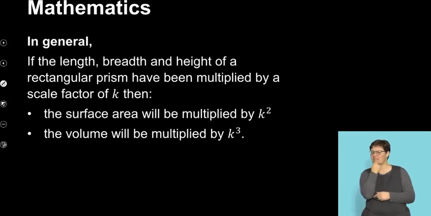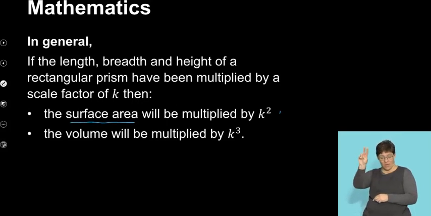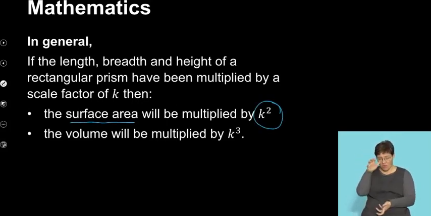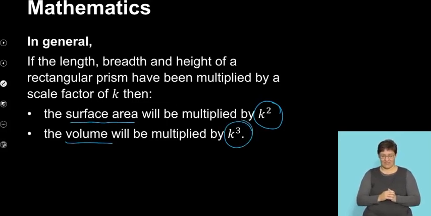So in general, we can say that if the length, breadth, and height of a rectangular prism have been multiplied by a scale factor of k, then the surface area will be multiplied by k squared, and the volume will be multiplied by k cubed. Great, everyone. I hope that everyone's with me.